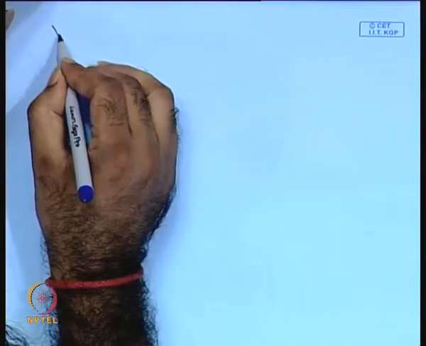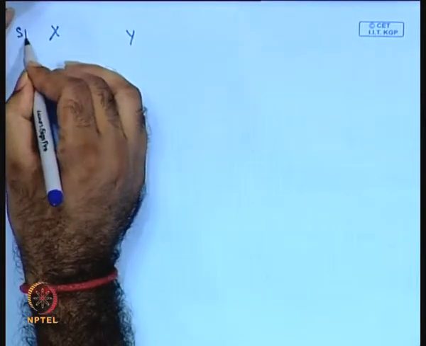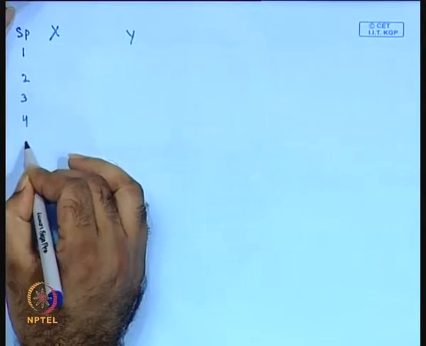So, we take here the x series, then the y series here. This is the sample points: 1, 2, 3, 4, 5 like this.